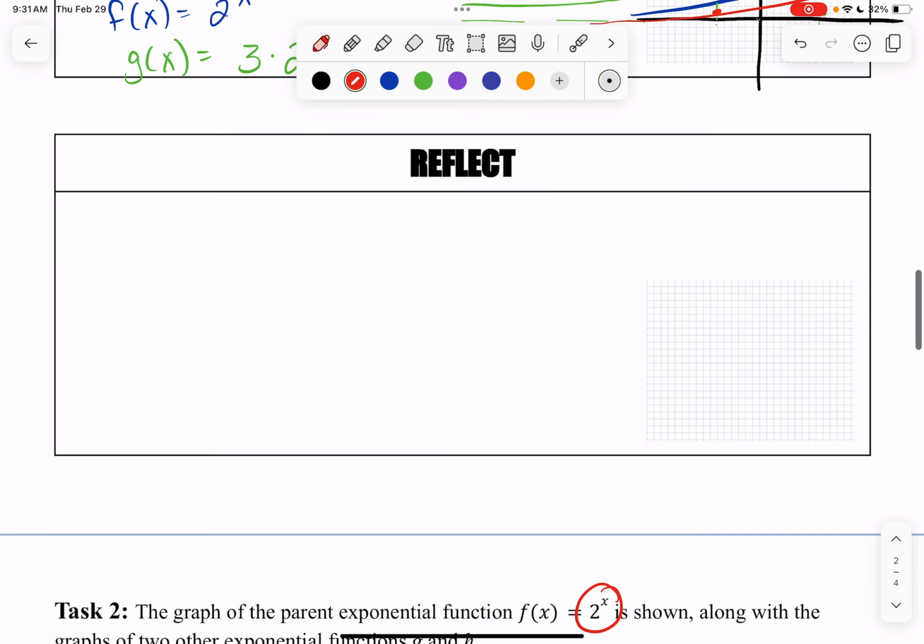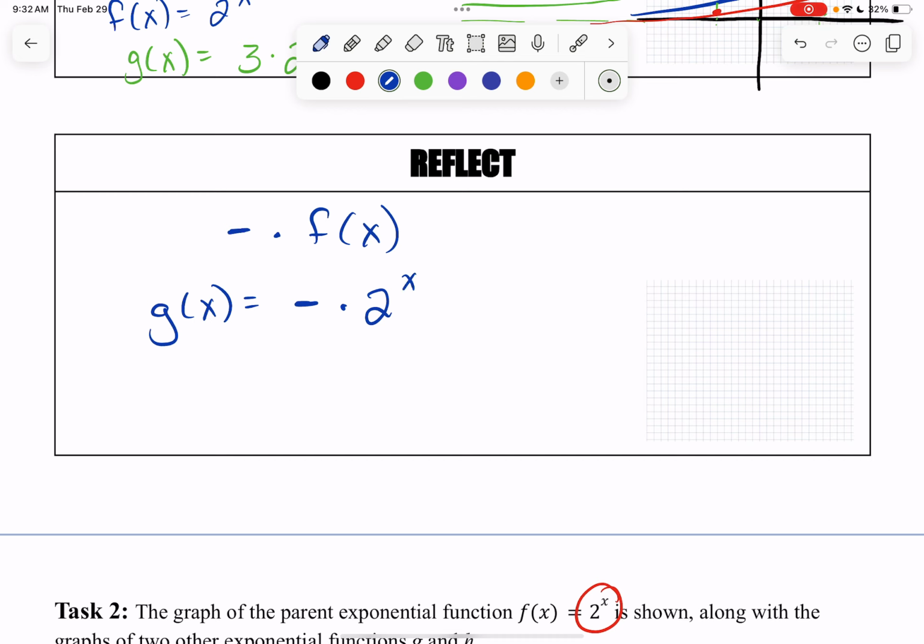And our last one is reflecting over the x-axis, and that's if it's a negative. So if I have a negative times f of x, basically if my g of x equals negative 2 to the x, that's going to reflect it over the x-axis.